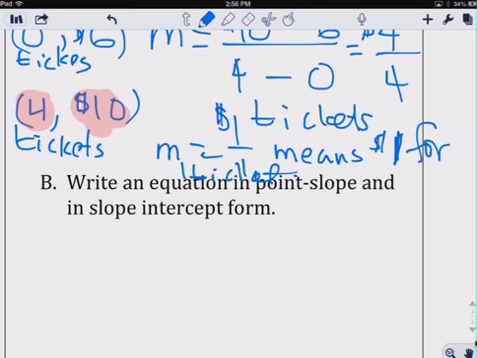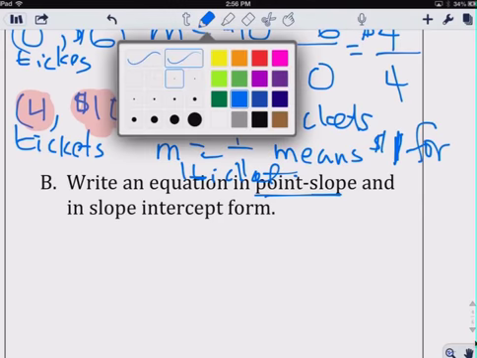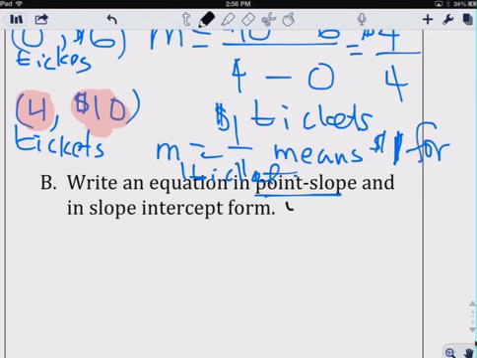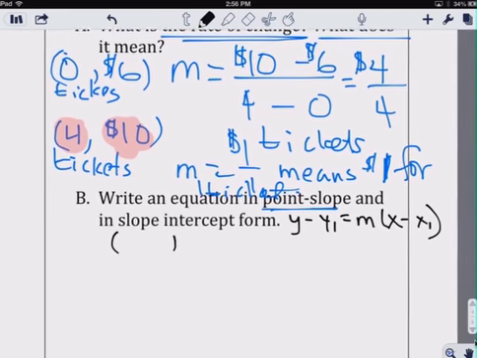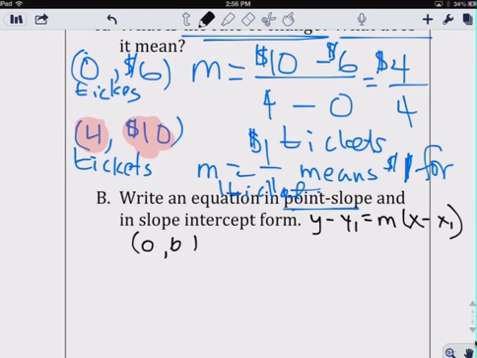Write the equation in point slope. Okay, point slope is y minus y1 equals m parentheses x minus x1. So I'm going to choose a point. I'm going to choose 0, 6 as one of my points, and the slope is 1. 4 divided by 4 is 1.